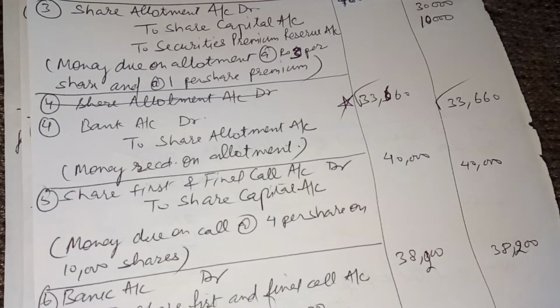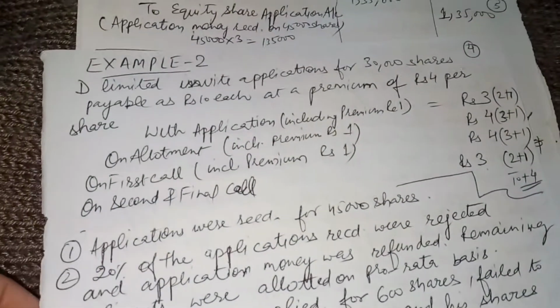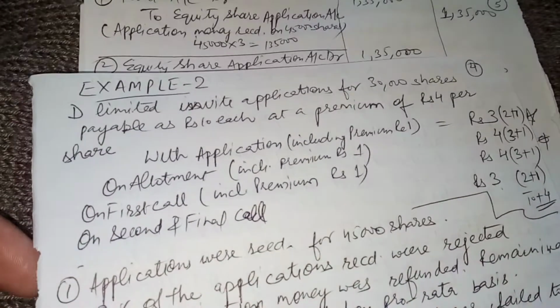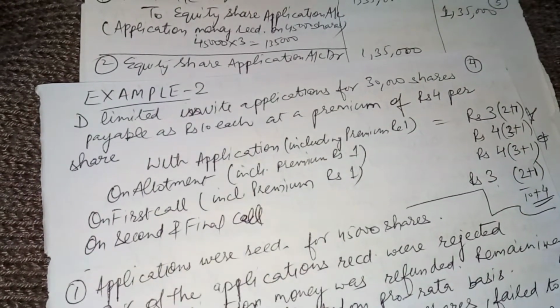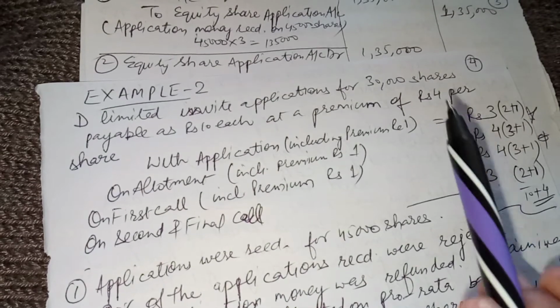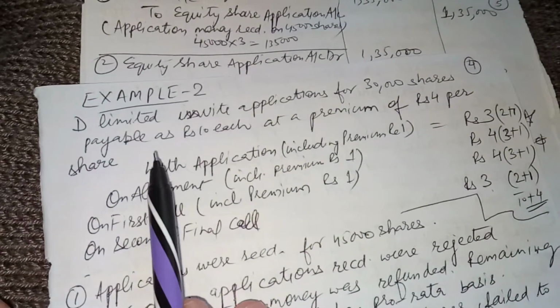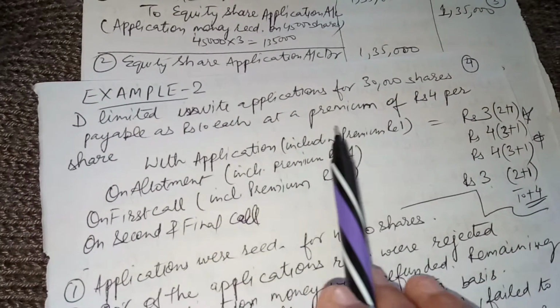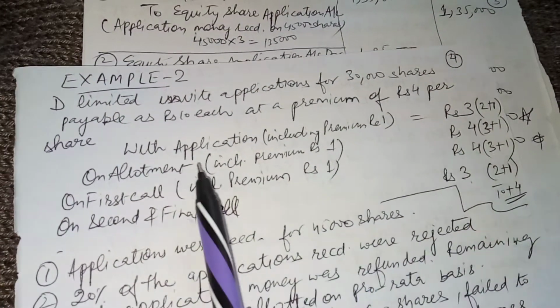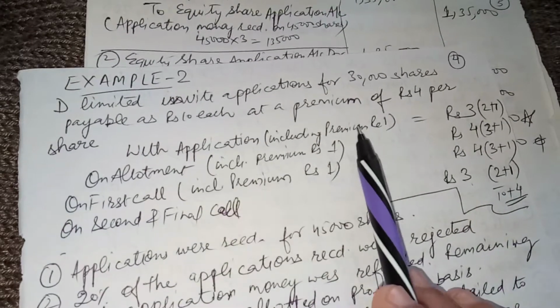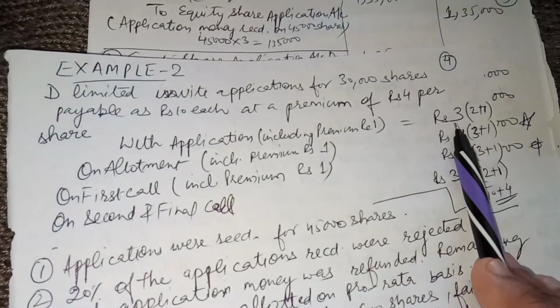Now let us take one more example, a bit typical one, to make our understanding much clearer. Here, the company invited applications for 30,000 shares of rupees 10 each at a premium of rupees 4 per share. The money is payable as: with application, including premium of rupee 1, rupees 3.